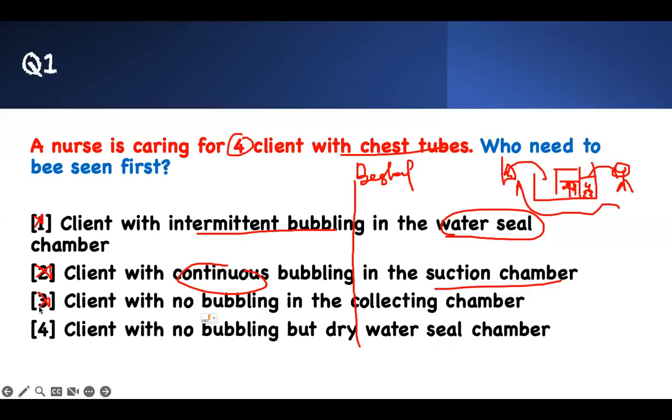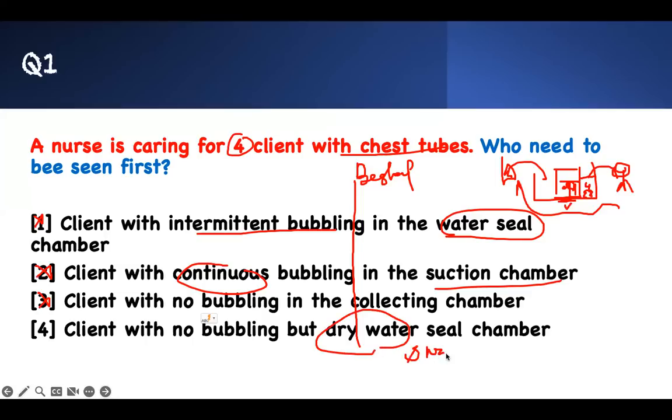The client with no bubbling, but dry water seal chamber. So the water seal chamber here, you're not supposed to see much bubbling, but if you do, you're going to see intermittent bubbling when the patient coughs. There's no bubbling, but that's good. But what is the problem? It's dry. There's no water.